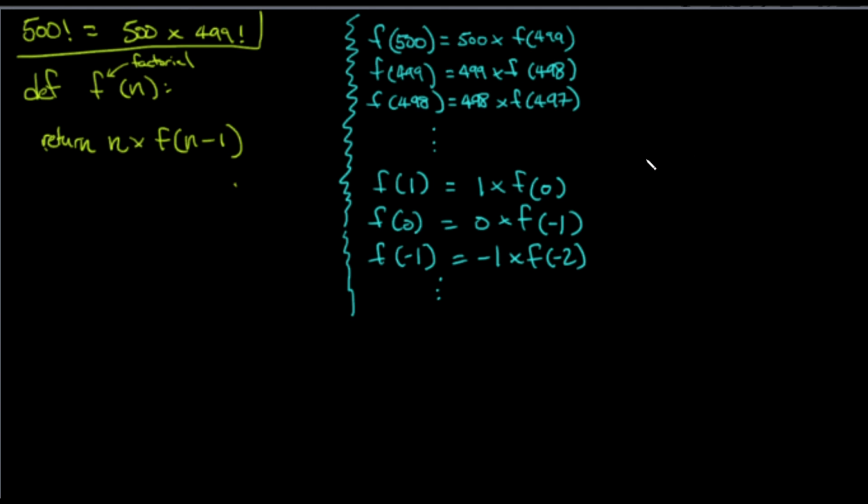And so this leads to the idea of something we need here, called a base case. We need, as the name suggests, some way for the function calls to stop at some base.